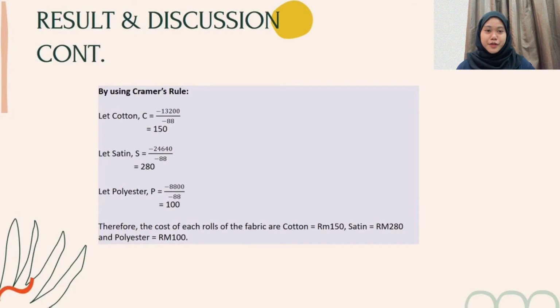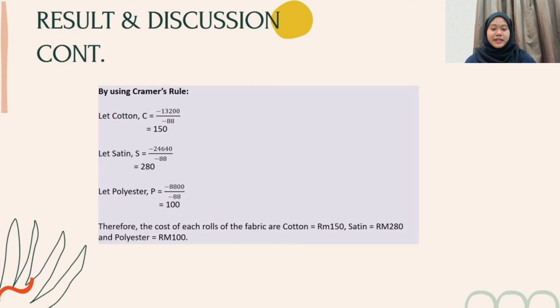By using Cramer's rule, we can find the cost of a roll of each fabric: cotton, satin and polyester. Firstly, let cotton C equal negative 13,200 divided by negative 88, and the answer is RM150. Next, satin S is negative 24,640 divided by negative 88.